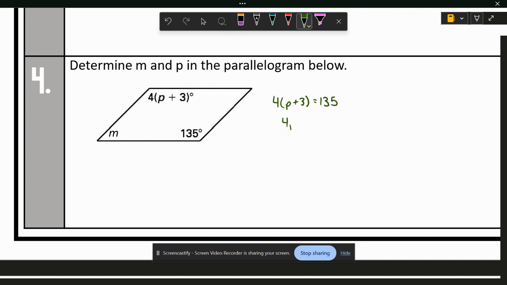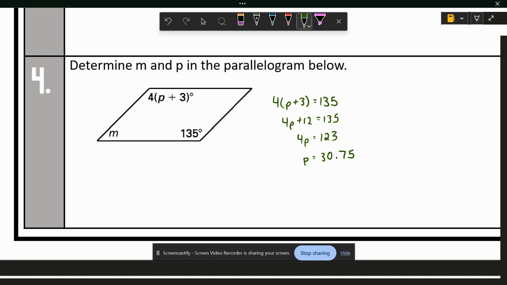So 4p plus 12 equals 135. 4p is equal to 123. And then p is equal to, can you say that a little louder for me? 30.75. So now that we know that p is 30.75, that should be good for there.